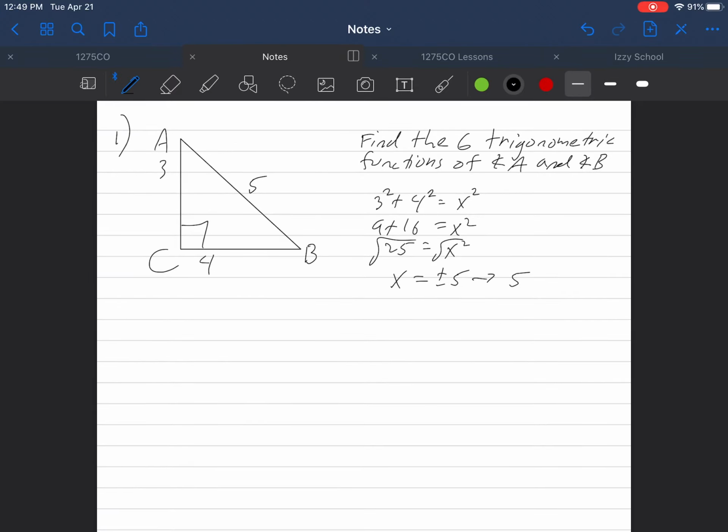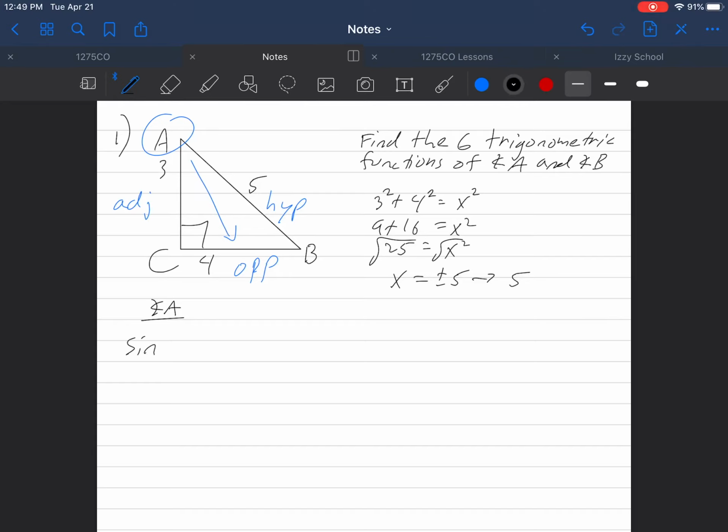We're not considering negatives. So let's look at angle A as our angle of focus. The hypotenuse is going to be here opposite the right angle. And if angle A is our focus, that means the opposite is across from it, and the adjacent is right next to it.